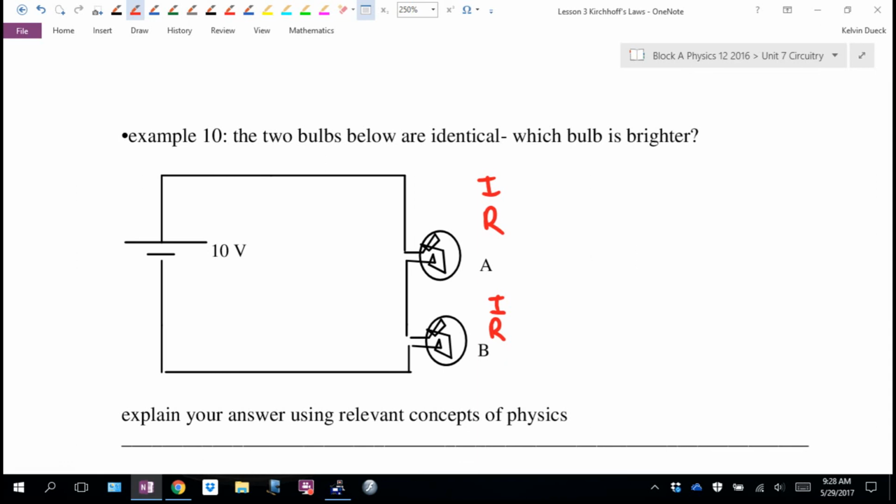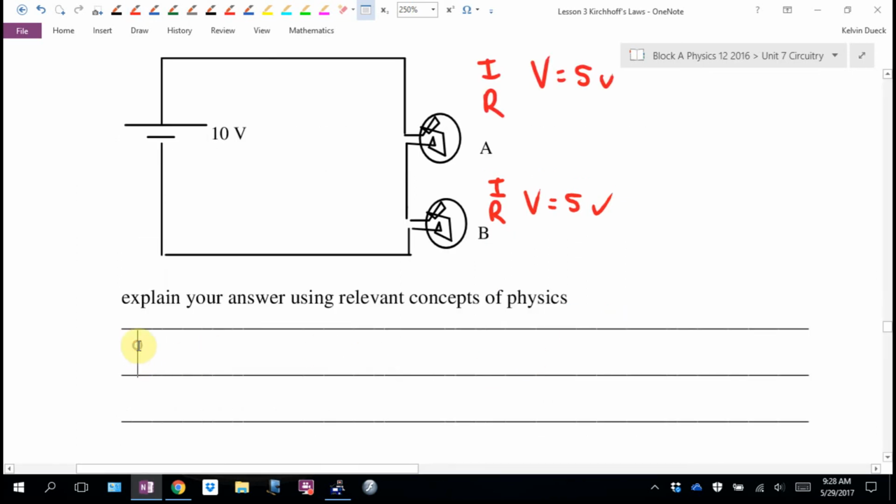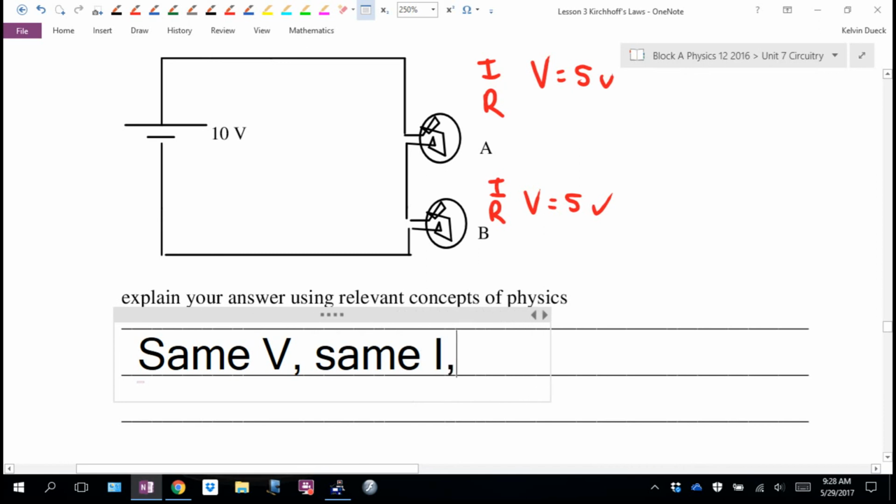Because it's I times R. In fact, I can even be more specific. 5 volts and 5 volts because they told me I got 10 volts to play with. So if you have the same voltage and you have the same current, what? Same argument as before. Same V, same I, same power, same brightness.